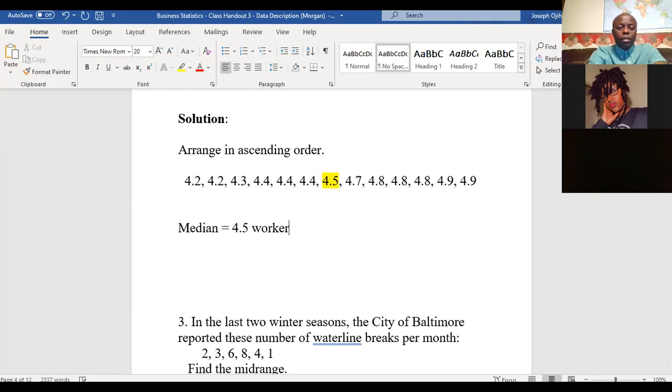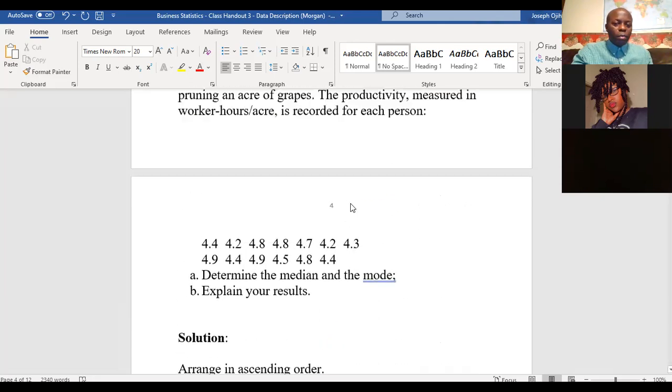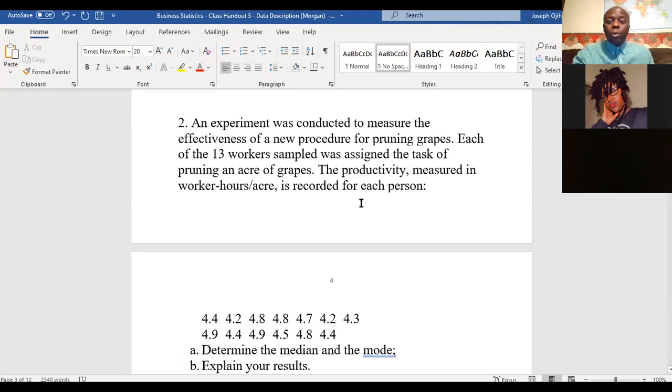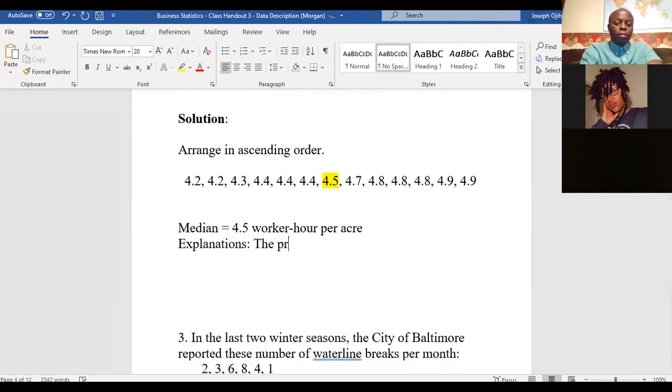Worker hours per acre. So what does this mean in explanation? Okay, let me put it this way.